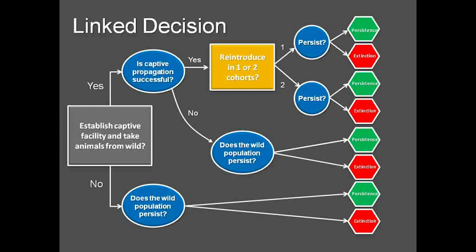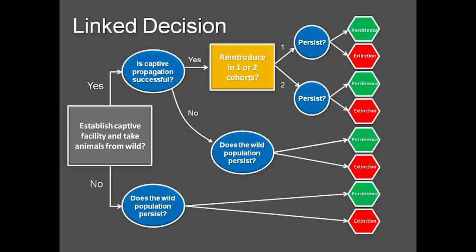Maybe you would consider different numbers of cohorts to reintroduce. So the key here is that to understand the smartest thing to do at the leftmost decision node, whether or not to establish a captive facility, you have to understand already the smartest thing to do at the rightmost decision node, whether to reintroduce one or two cohorts.